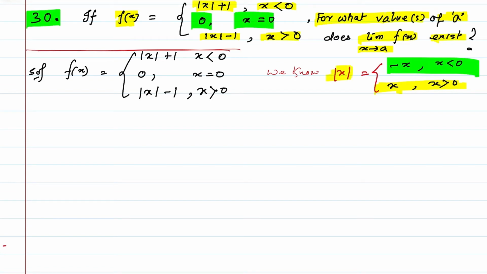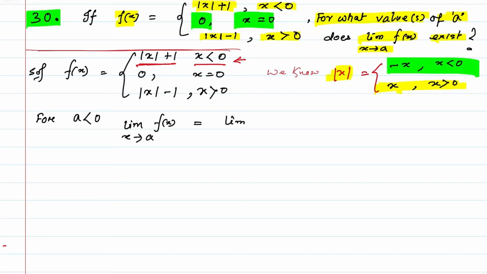Now here you see, if we take a greater than 0, limit of f of x as x tends to a. We know that the value of this function is mod of x plus 1 when x is less than 0. So let me take the less than 0 case first. a is less than 0.